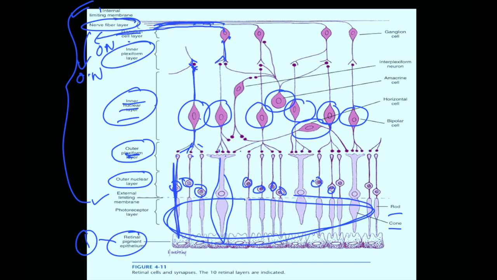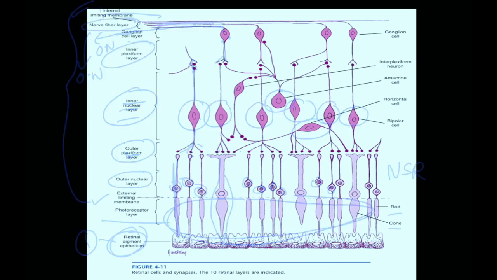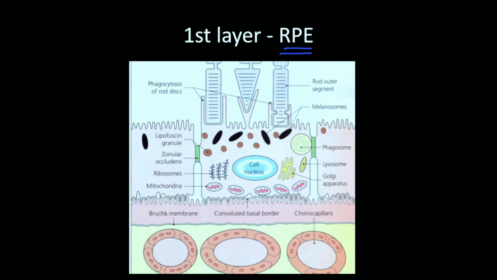Okay, so apart from this one layer, the other layers together constitute the neurosensory retina. Remember, RPE is from the outer wall of the optic cup. Neurosensory retina is from the inner wall of the optic cup. Right? The first layer is the RPE.